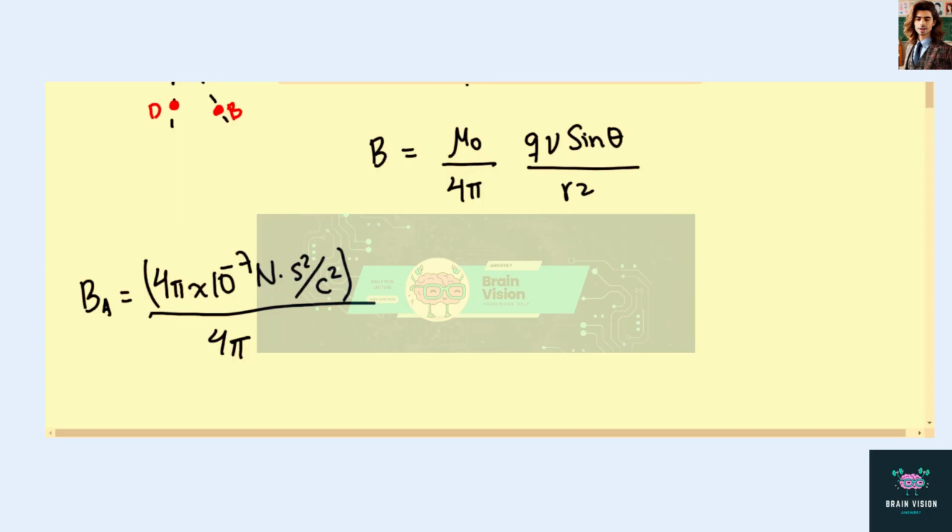The charge corresponds to the charge of an electron, which is 1.6 times 10 to the minus 19 coulomb.